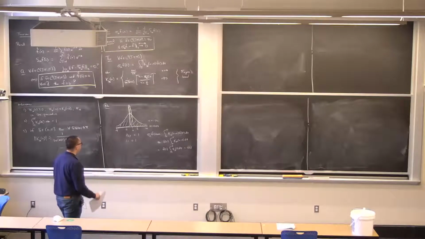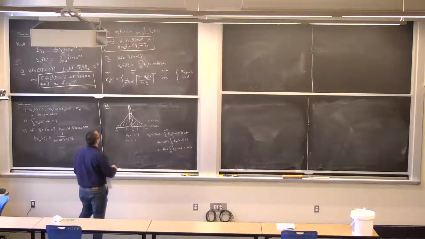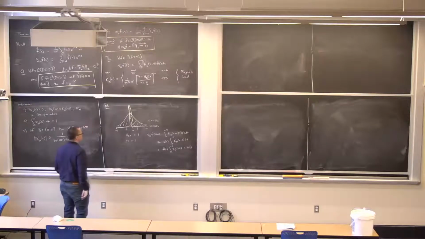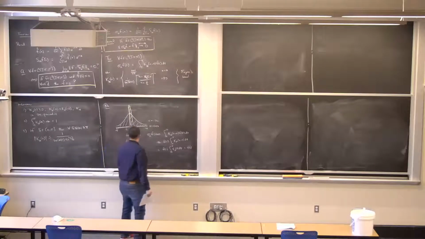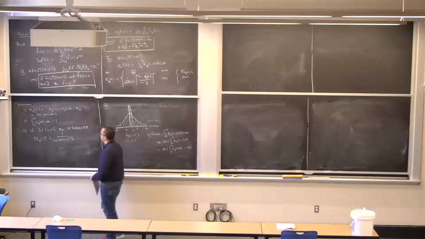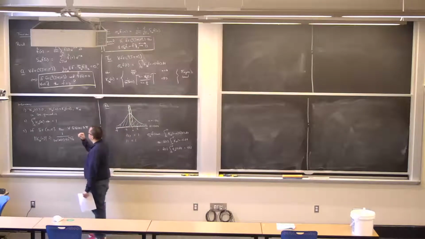Now, if you look back at the kernel that we had for the partial sums, it had some of the same-ish properties. It was 2 pi periodic and also even.